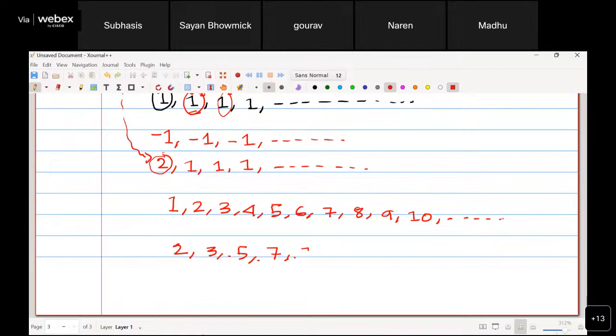Then I will take 11. Then I will take what? Can you tell me what will be the next? 13, 17, 19, 23. Yes. And so on. So can you see what is actually my subsequence?